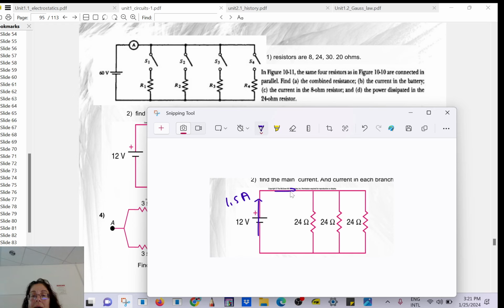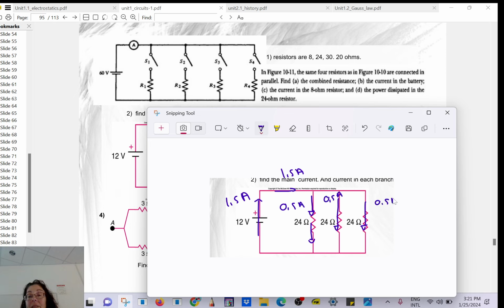The flow, 1.5 amps. And then it's like a pipe system, a plumbing system, and they have the same size. All those pipes have the same size. So what you expect in each, 0.5 here, very good, 0.5 here, and 0.5 here.